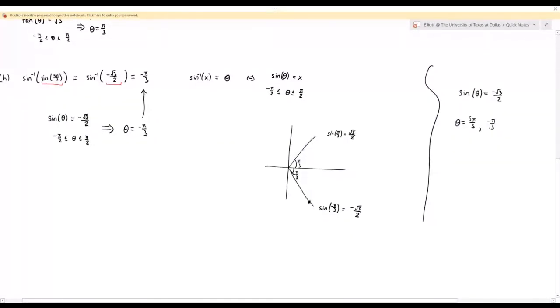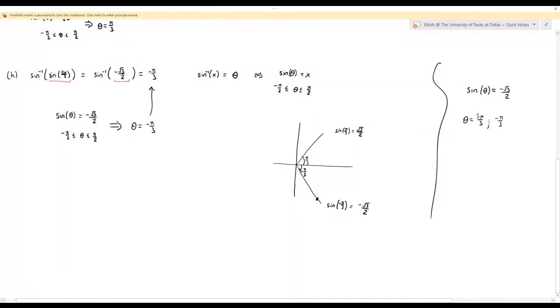There would be a lot more solutions as well. So there's more than one angle which will satisfy an equation like this. The issue is that the inverse trig functions always have a range restriction, so it forces you to look for one particular angle that satisfies that equation within that range restriction. Yeah, got it. Okay, all right.